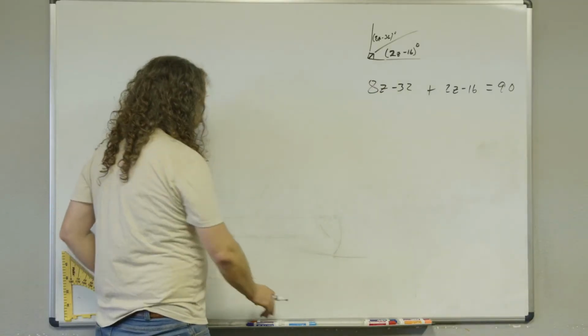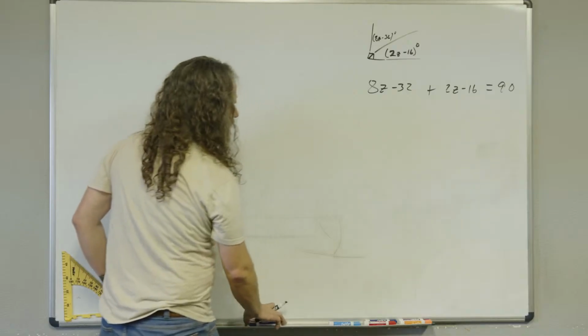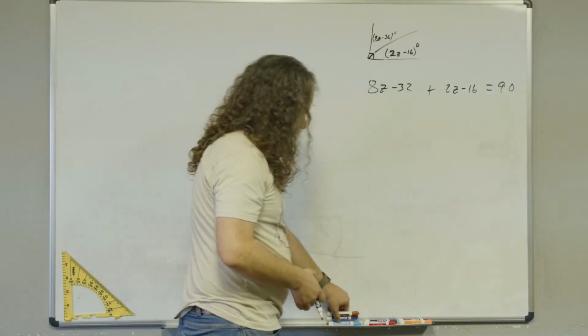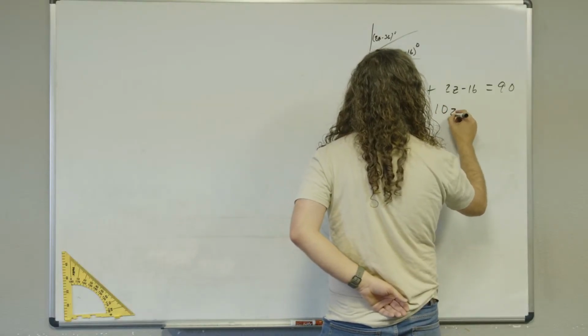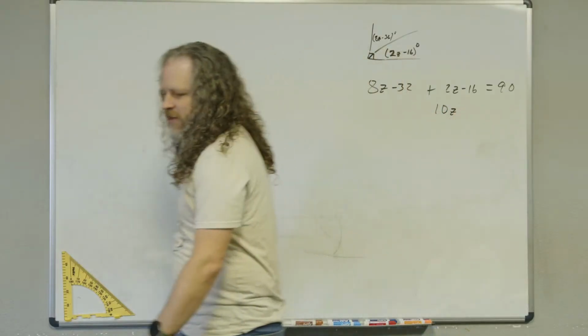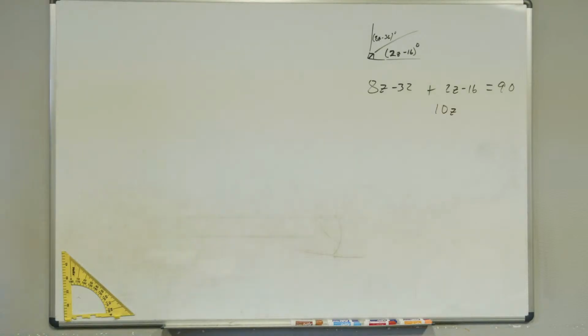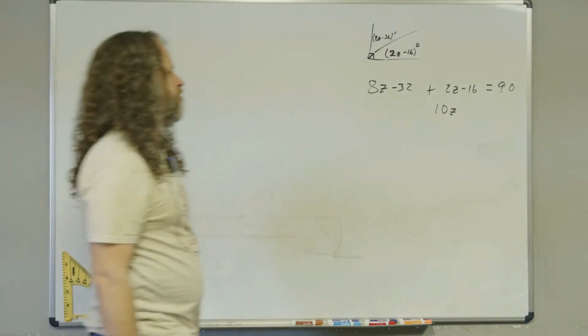Negative 32 and negative 16, absolutely. So what is 8z plus 2z? 10z. And then what's negative 32 plus negative 16? Negative 48.